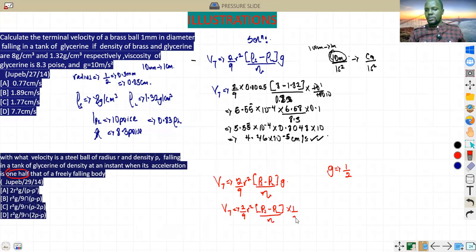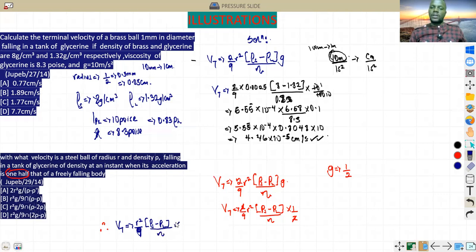Everybody knows what happened. 2 gets cancelled out. Directly we can say, therefore, for our answer, the terminal velocity is equal to 1/9 r squared g, open brackets, rho of solid minus rho of liquid, divided by eta.